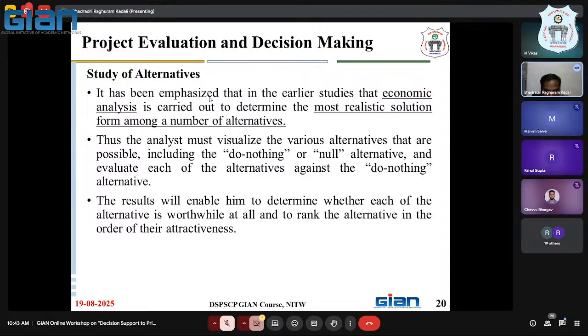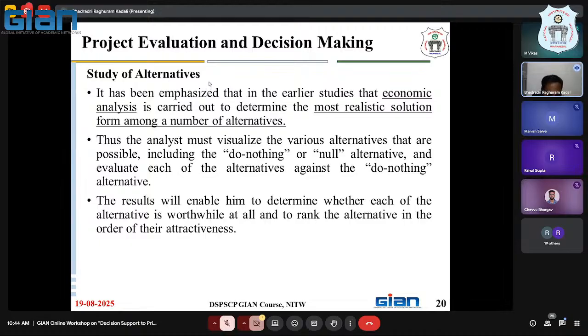One is the do nothing case, then the improvement with respect to the widening of the roads, then the improvement with respect to the widening of the road with the next 10 years. The widening means making a four-lane divided roadway. These are the different alternatives, and you compare them one versus the others using the different economic evaluation processes.